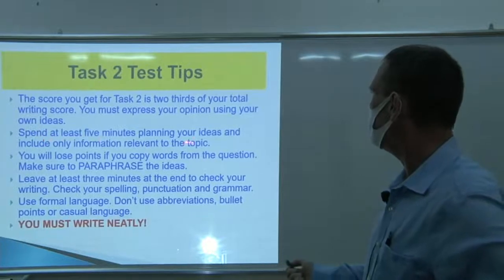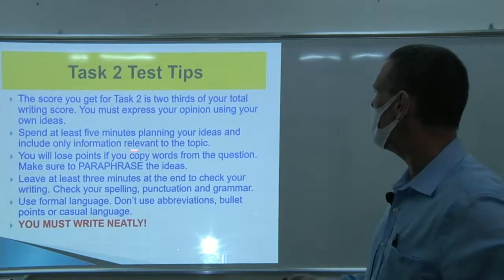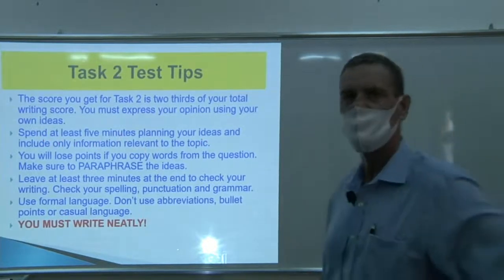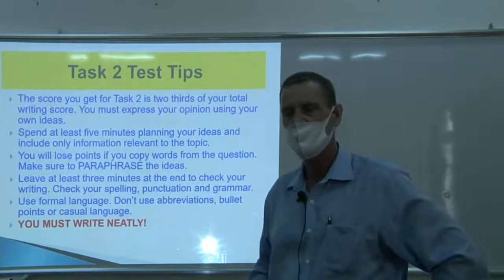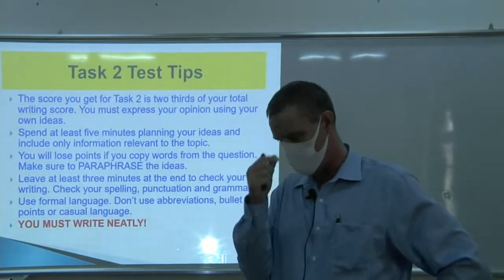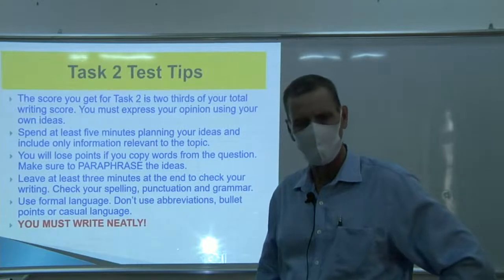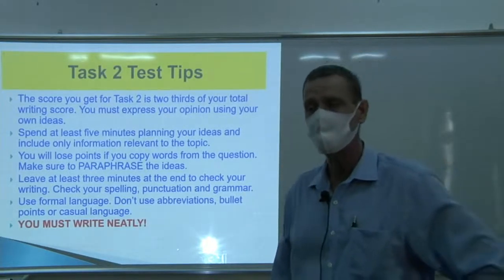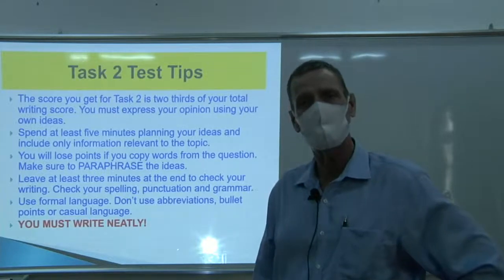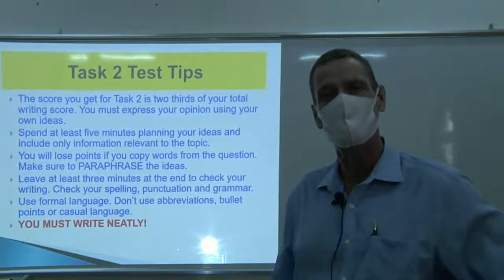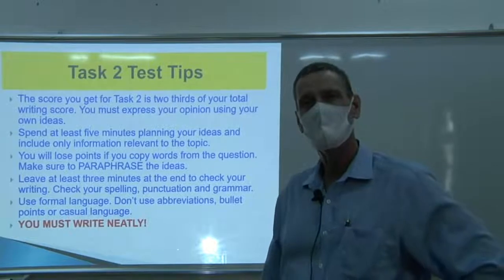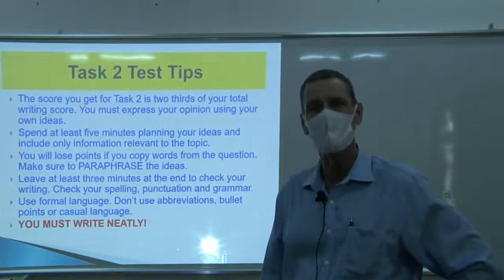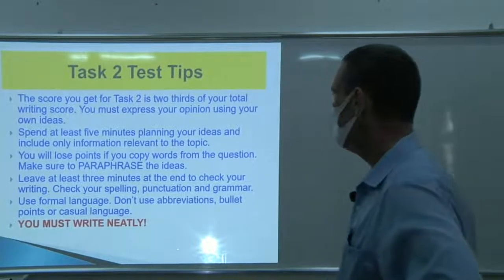Spend at least 5 minutes planning your ideas and include only information relevant to the topic. Same as task 1. If we're asking you about the effects of the internet on socialization and people being friends or connected, it's not relevant that the internet is really good to help us do our homework. The internet is really good for business.